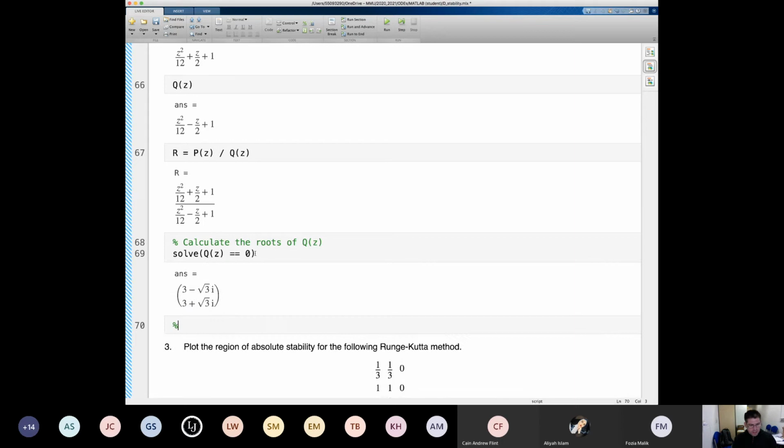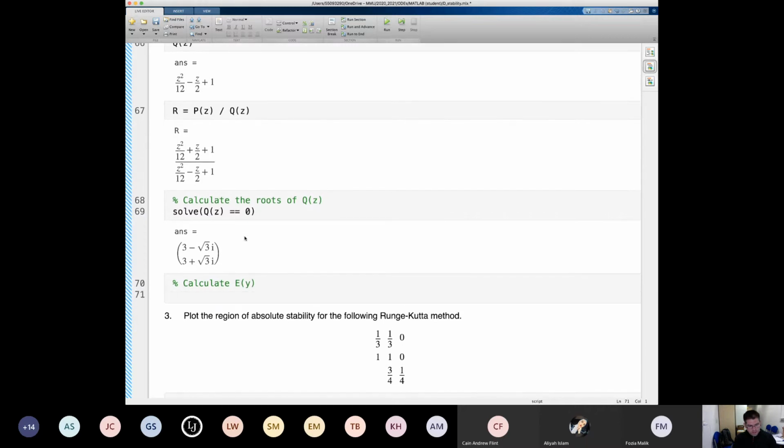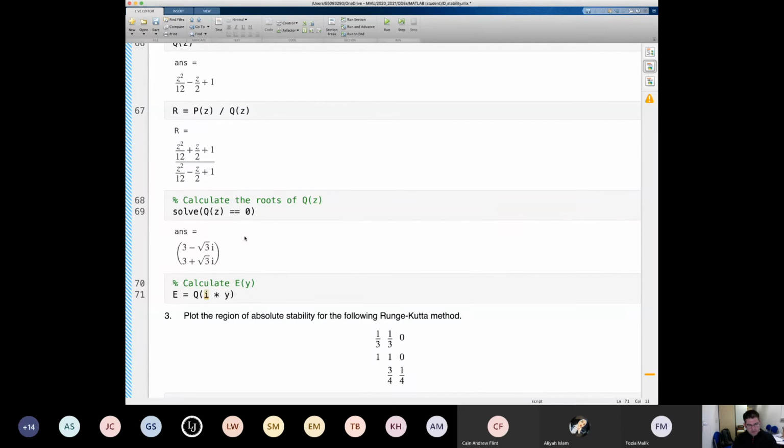So now we're going to calculate E(y). Now this is the thing that took us about 15 minutes earlier. So E(y), I'm just going to call it E, is Q, and now we normally write i times y, but sometimes that can introduce bugs.